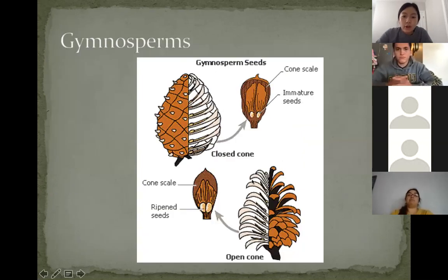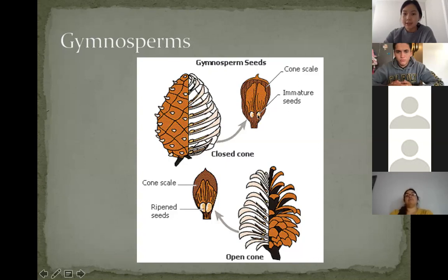Okay, so with cones, in order for this to get dispersed, they have to be open. So this is pretty much what a closed cone would look like. If a pollen grain were to land on a closed cone, pretty much no fertilization would occur because the seed is inside, at the very end of the scale. So here's the cone scale right here. This is specifically a female cone. So this is the ovuliferous or the megasporophyll.